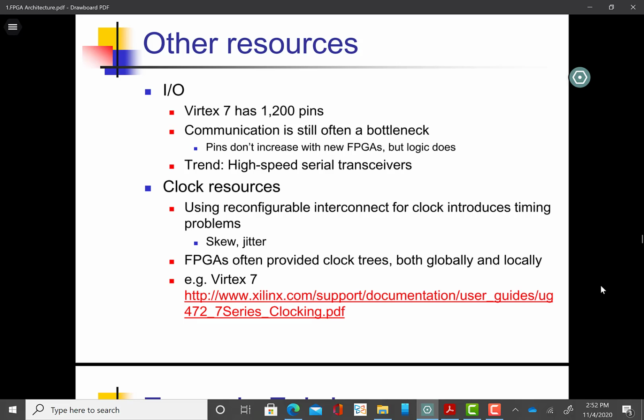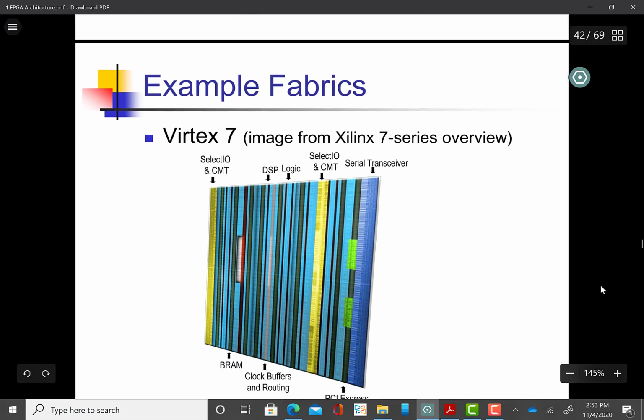If you want to study the full detail, you can go to the FPGA user guides. There are resources for high speed input output, gigabit transceivers, clock resources, internal configuration access ports and so many other things.